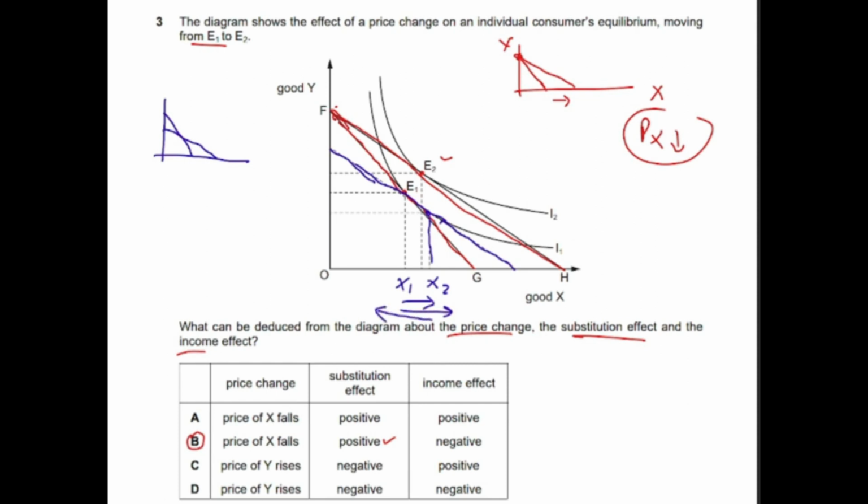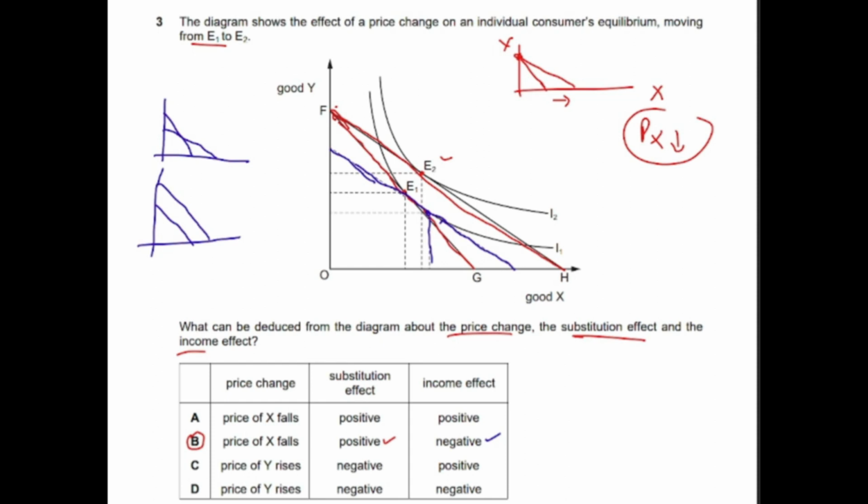So if we move to the right, that is a positive effect, and if we move backward, that is a negative effect, right? So now we have to conclude on the last thing, that is income effect. Income effect will be negative. Why will income effect be negative? Because income effect is shown with two parallel lines, right? If you want to understand this complete concept thoroughly, then you can go to the video.